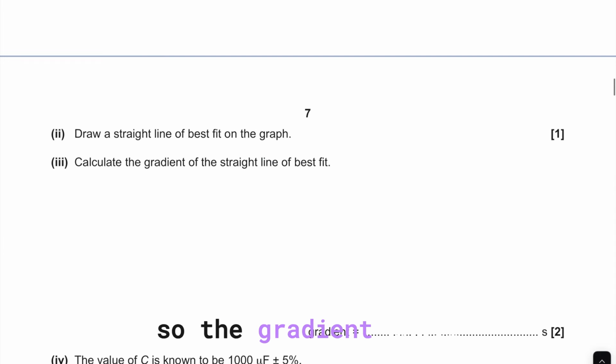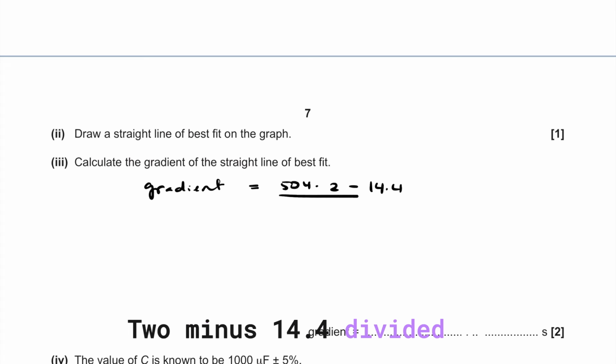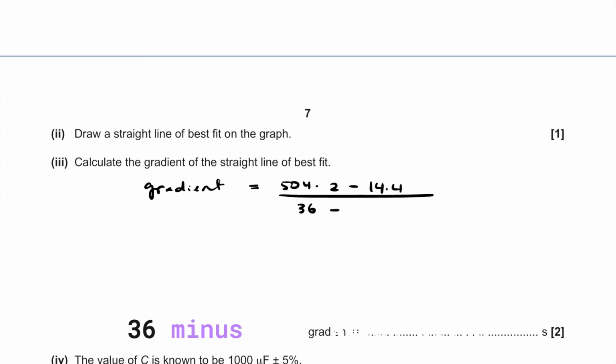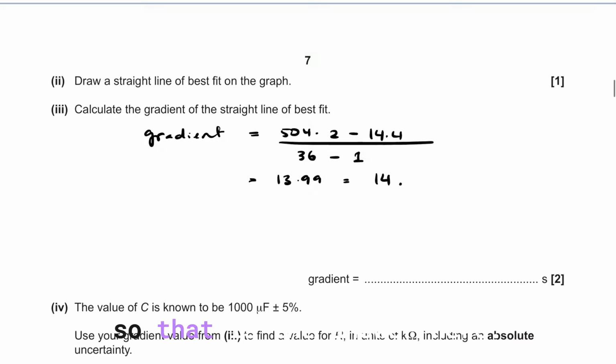So the gradient shall be equal to 504.2 minus 14.4 divided by 36 minus 1, which gives me an answer of 13.99, or 14. So that is the answer here.